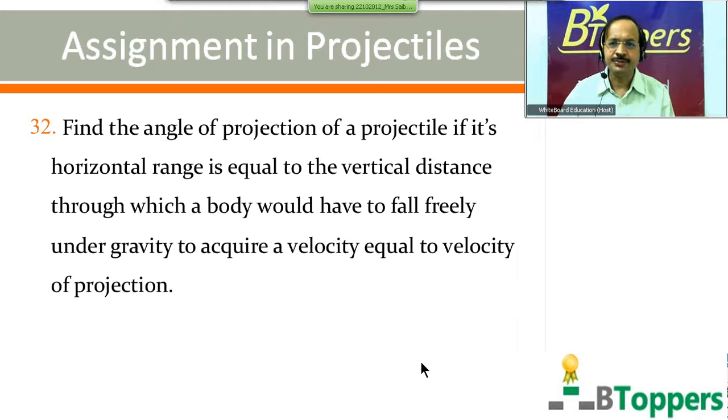Find the angle of projection of a projectile if its horizontal range is equal to the vertical distance through which a body would have to fall freely under gravity to acquire a velocity equal to the velocity of projection.